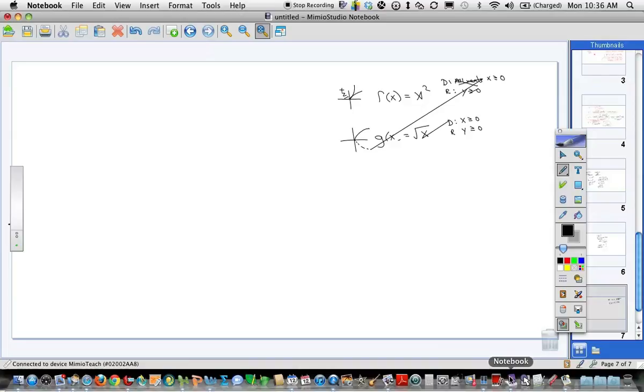If you take negative 3 and square it, you get 9. If you do the square root of 9, you get 3. You don't get back to what you started with, right? You don't get back to the negative 3. That's why we have to restrict the domain to be just the positive. That happens on a whole bunch of different functions where we have to do that.